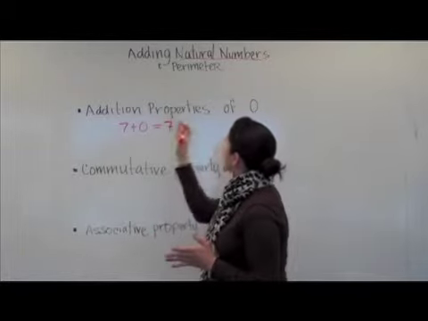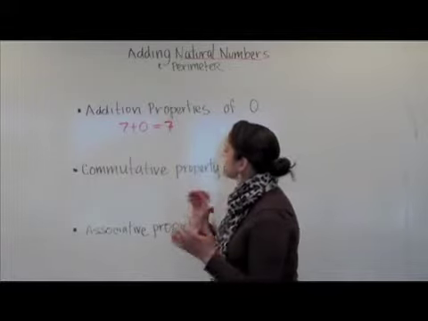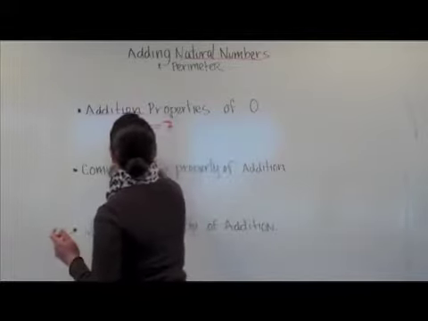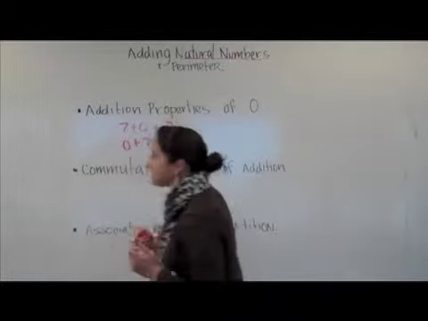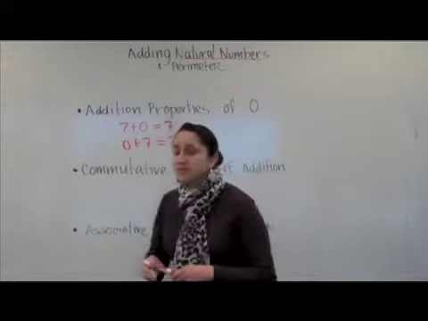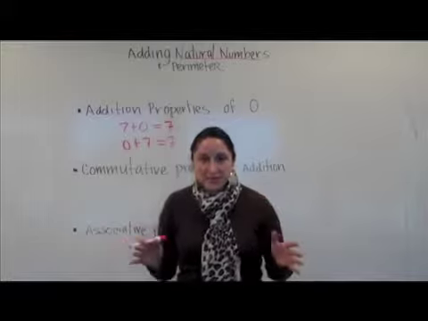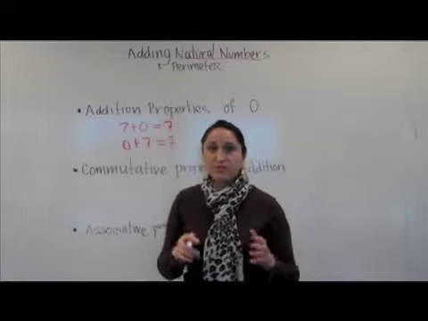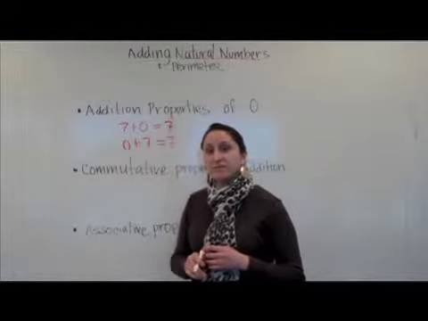The property says that if you have 7 plus 0, then that should also be the same thing as 0 plus 7, which is 7. So what is the property saying? It's saying if you add any natural number to 0, your answer is going to be that number.